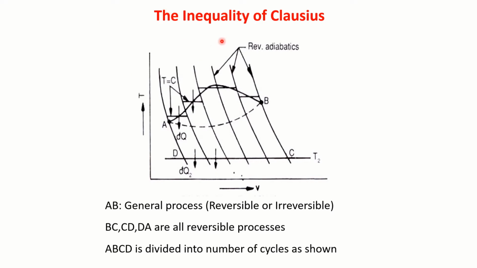First, let us prove Clausius inequality. Here, I have just considered a cycle, a thermodynamic cycle. AB, BC, CD, DA. These are reversible processes. All are reversible processes.